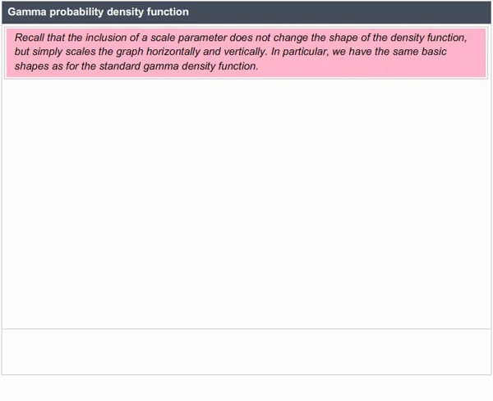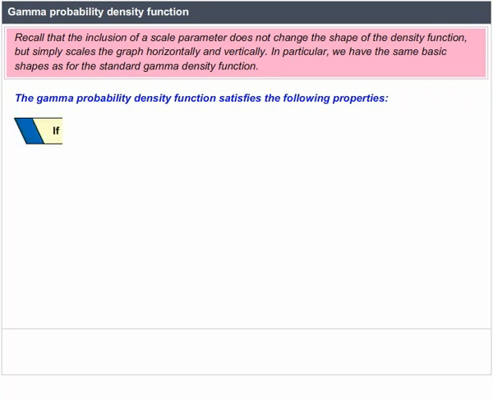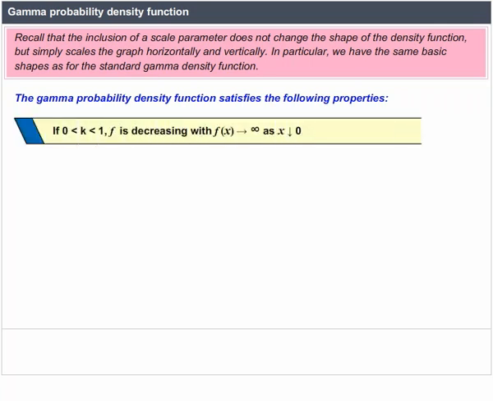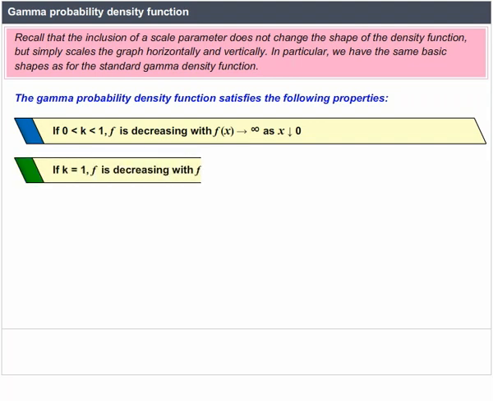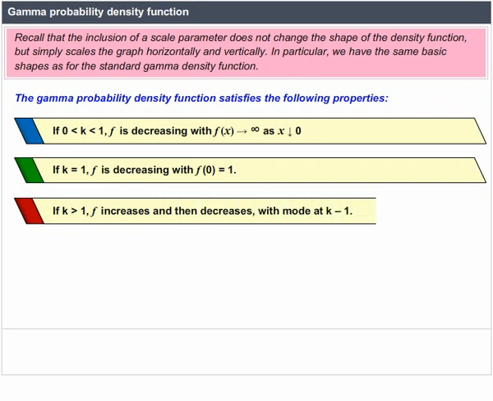The gamma probability density function satisfies the following properties. If 0 < k < 1, f is decreasing with f(x) → ∞ as x decreases to 0. If k = 1, f is decreasing with f(0) = 1. If k > 1, f increases then decreases with mode at (k − 1)b.